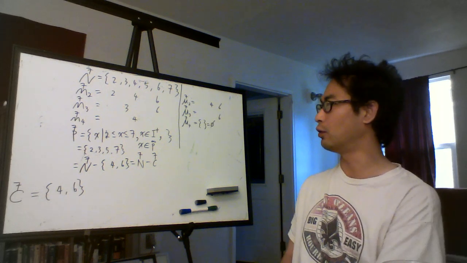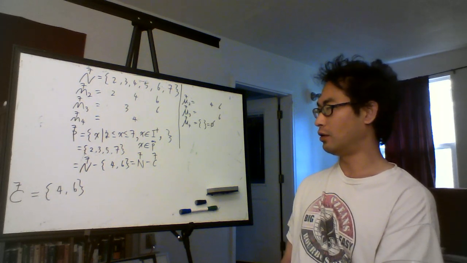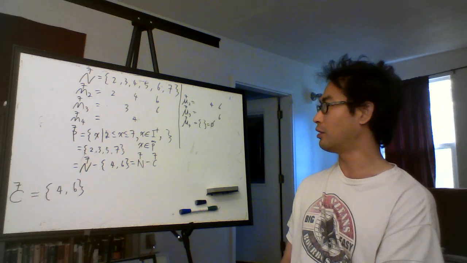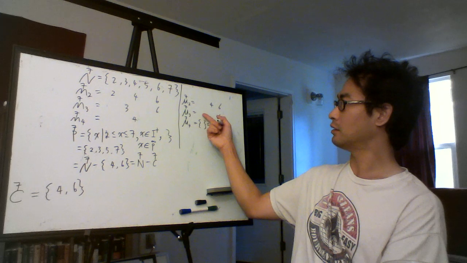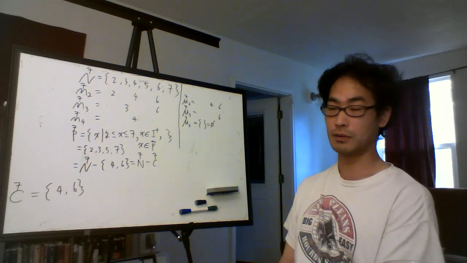So how do we find all the composite numbers? Oh yeah, this, mu algebra.